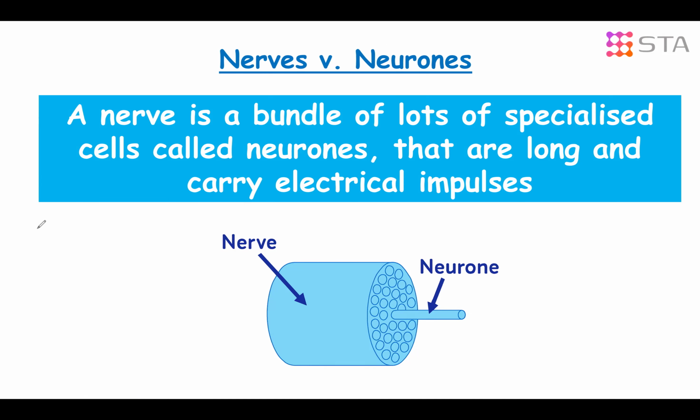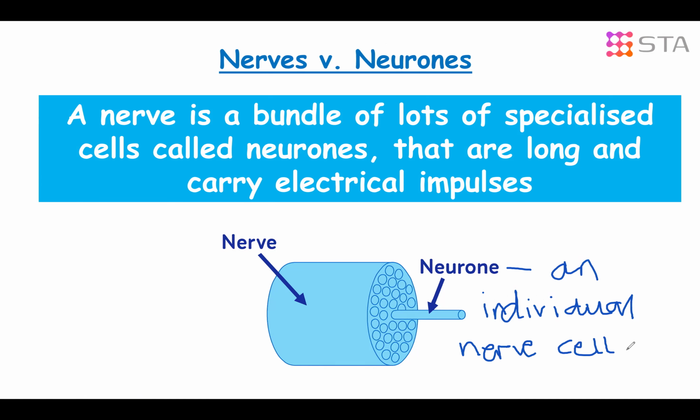So I'm just going to write on here an individual nerve cell. Okay, they are specialized cells, so they actually have a function, which is to carry electrical impulses or signals.